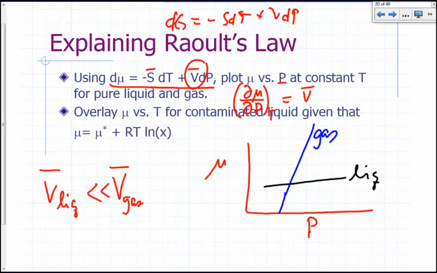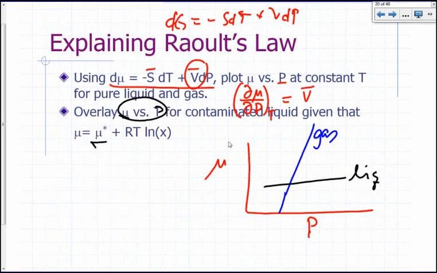What happens when you contaminate your liquid? And now plot mu versus P, at constant T. The chemical potential of your liquid will now be lowered by an amount equal to RT ln X. Why lowered?